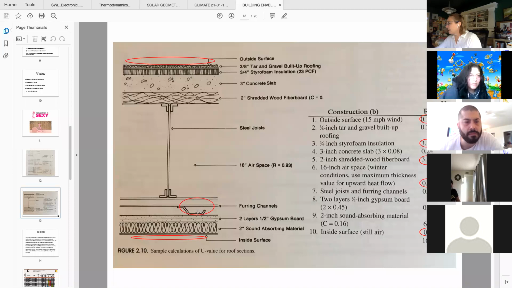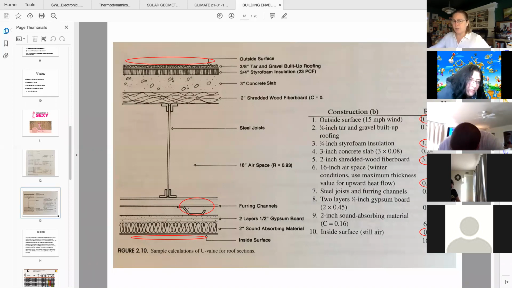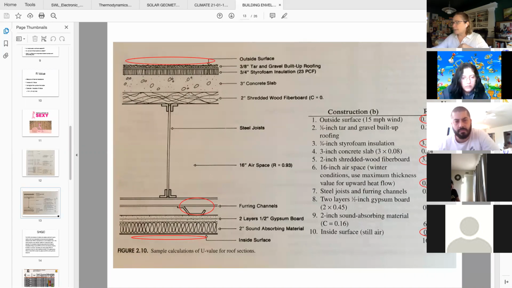In this case, I would say this could be acting as what's called a resilient channel, which is a type of furring channel. And what that does is create a sound break from transferring sound from the structure, which in this case is the metal stud, the joist, and the concrete above, because sound transfers through solid materials.